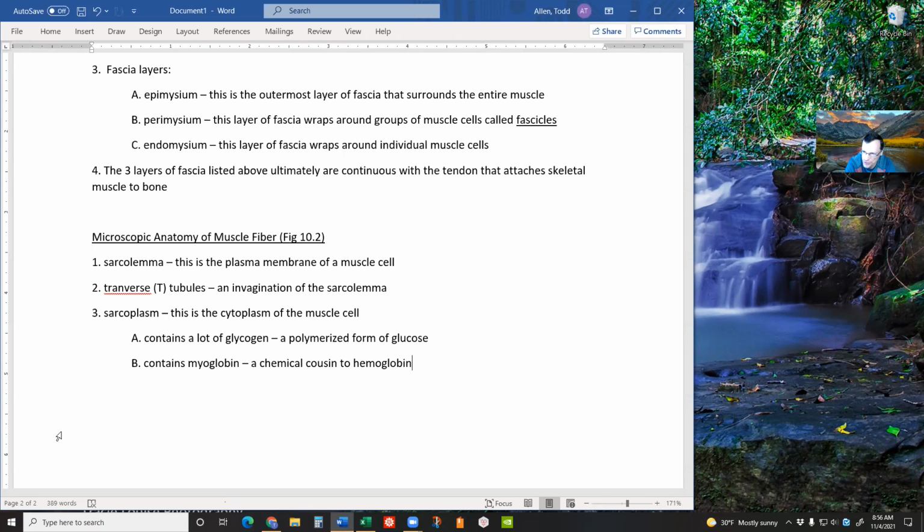It stores a charge in a sense, and it releases that charge when the piece of equipment, the muscle cell, needs it. So myoglobin is a chemical cousin to hemoglobin. It stores oxygen and releases it to the muscle cell when needed.